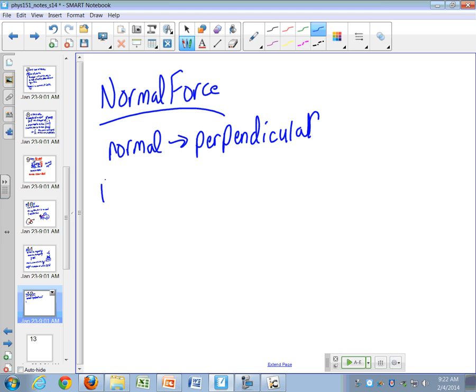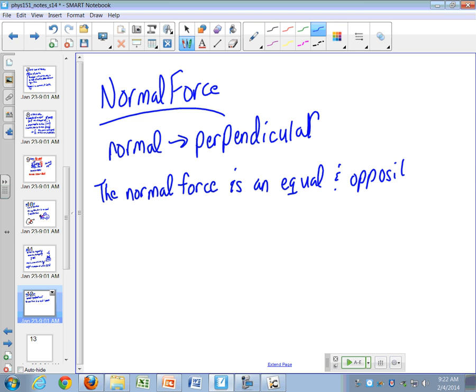So the normal force is an equal and opposite force in opposition to another force.